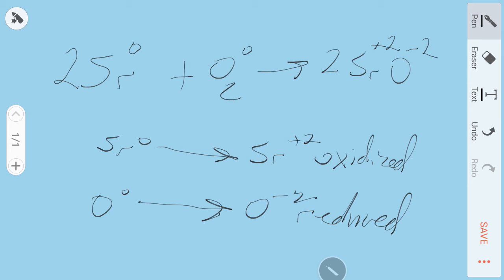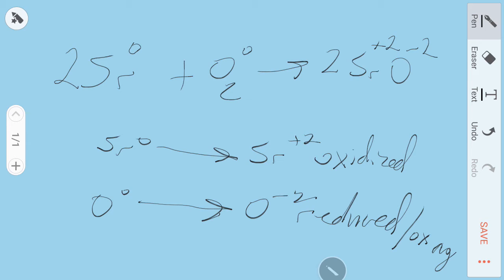Now something that I only taught 10A and grade 11 is that if you have something that's being oxidized, like in this case strontium, well, who's oxidizing it? In this case it's oxygen. So oxygen is the oxidizing agent. I'm going to abbreviate it as ox agent.